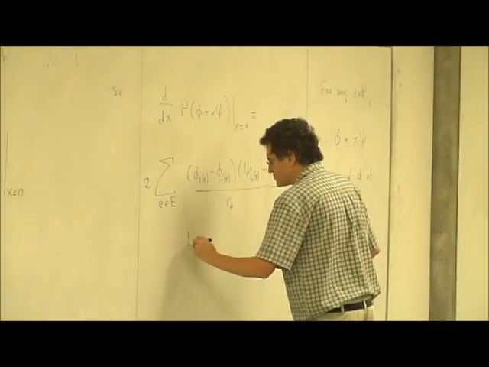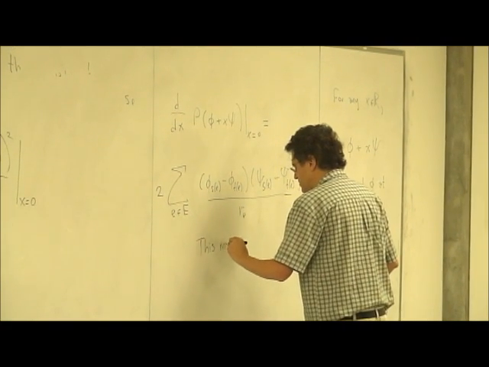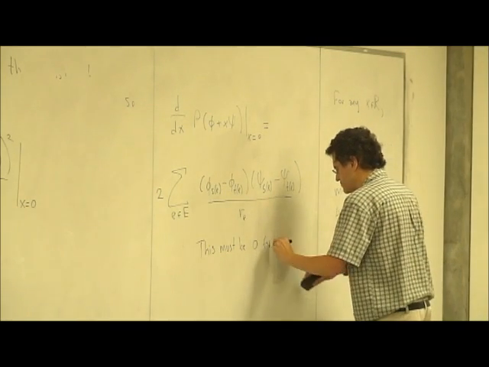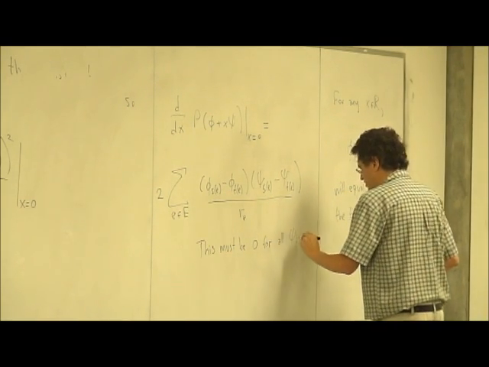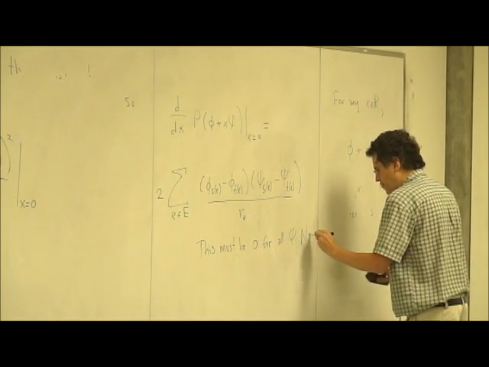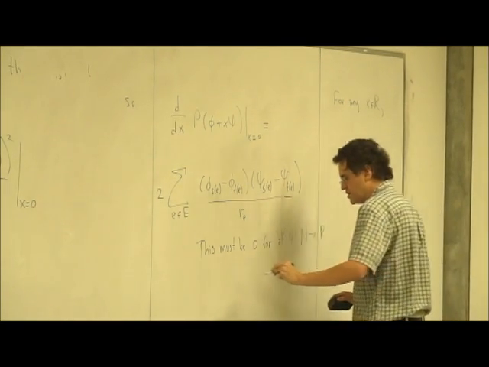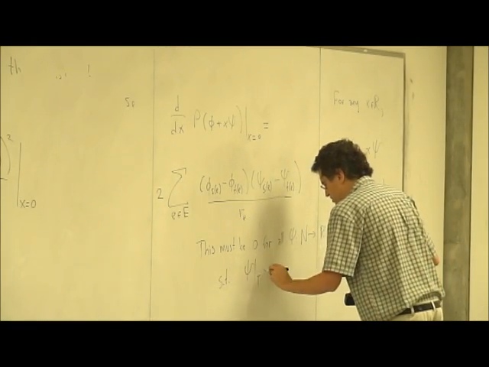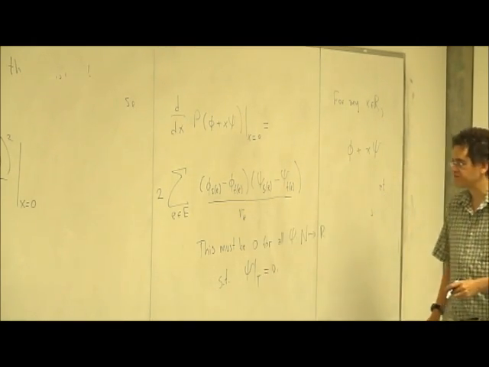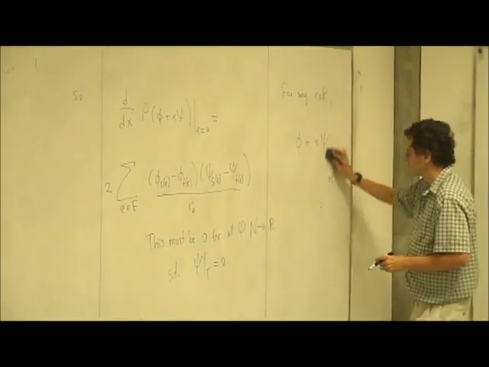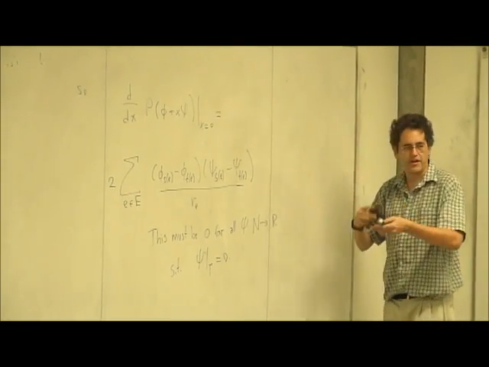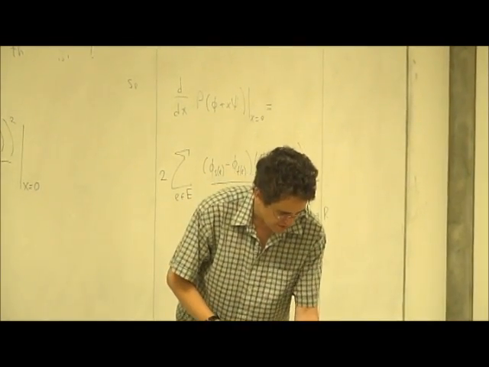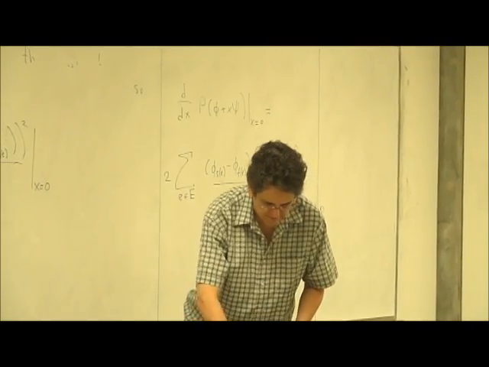Yeah, so this must be 0 for all functions c. Remember, it's a function on nodes, but not just any old function on nodes, a function on nodes that when you restrict it to the terminals, is 0. So let's see if we can unravel this a bit more and figure out what this weird thing being 0 actually means.